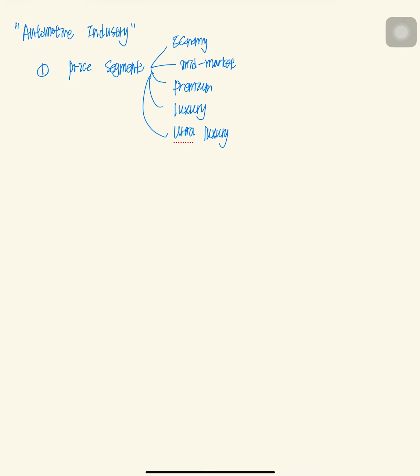And also, they have product type dimensions: product type, maybe cars, trucks, SUVs, and sports cars.